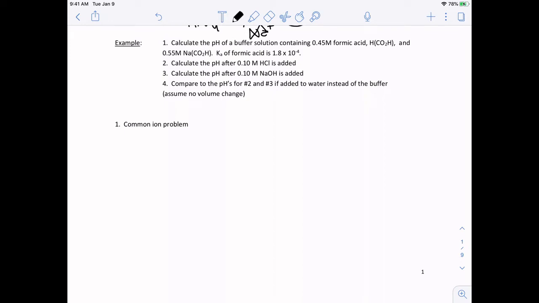So let's pick a different color here. It's a common ion problem. So we're going to write the acid dissociation equilibrium equation. I'm just going to do acid EQ equation because I'll run out of room to write the whole thing. We're going to make an ice table.